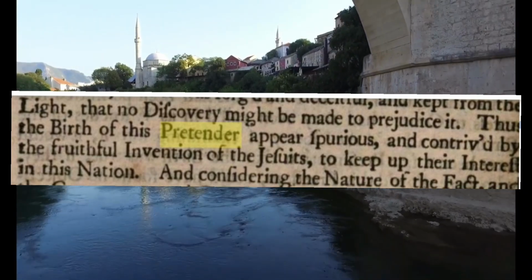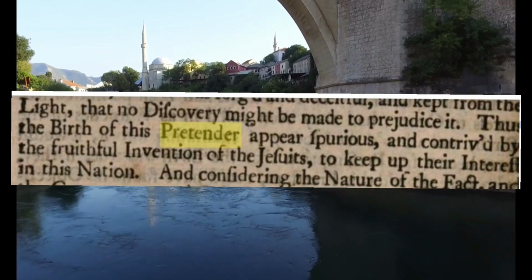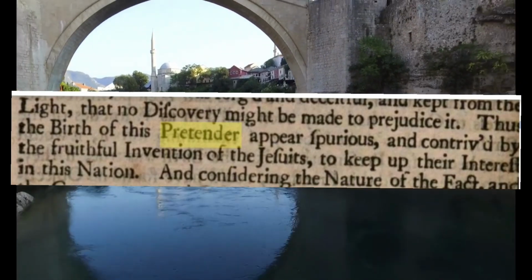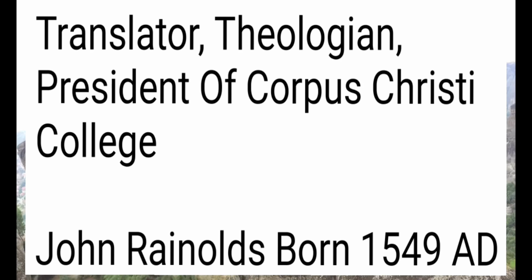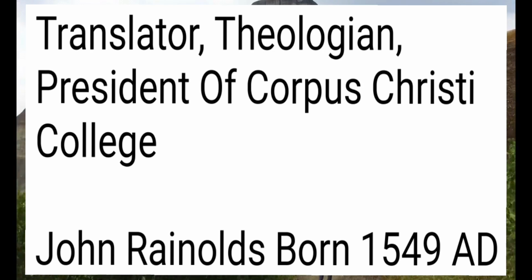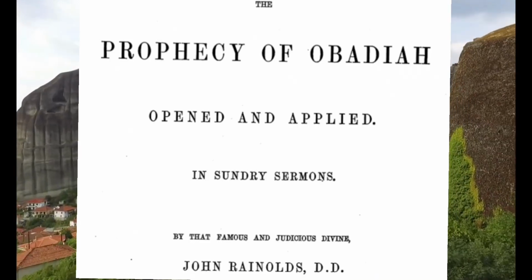This is from the one who requested to have initiated the translation of the King James Bible. I'm talking about John Reynolds, one of the translators of the King James Bible. And this is his book, The Prophecy of Obadiah.